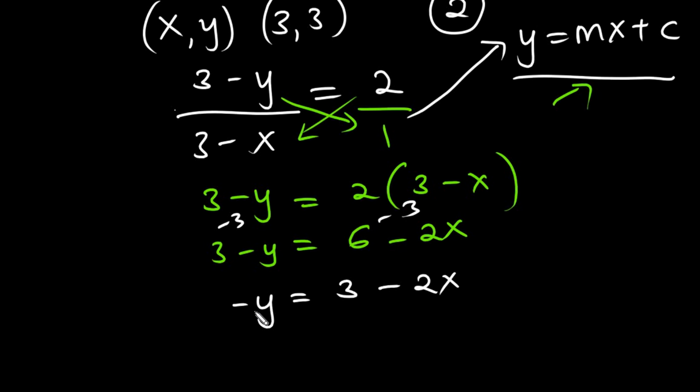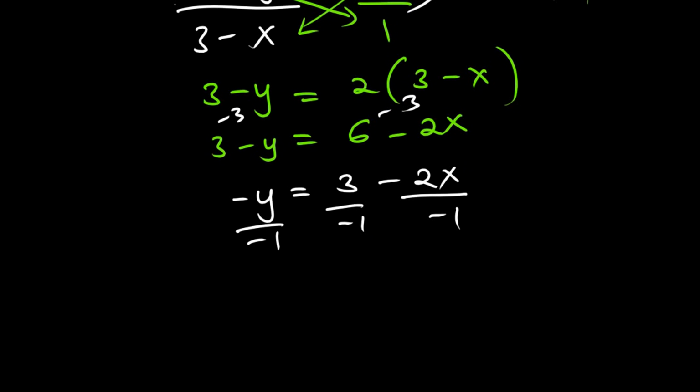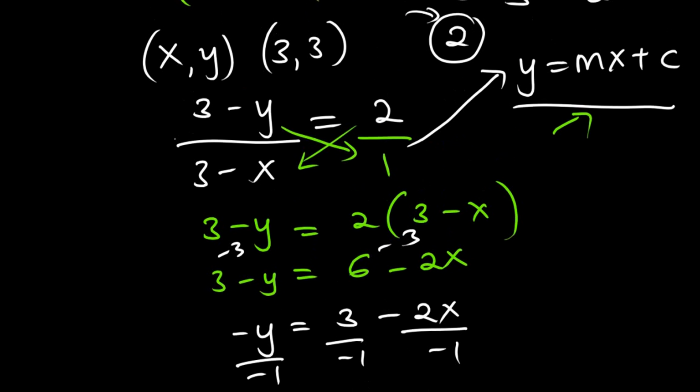So we need to get rid of this negative, and if we divide through by negative 1, or multiply through by negative 1, we will have gotten rid of that negative sign. So this is going to be y is equal to negative 3 plus 2x. So we are still a step further.